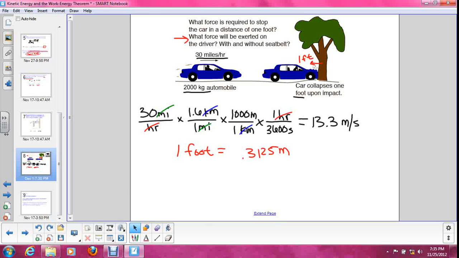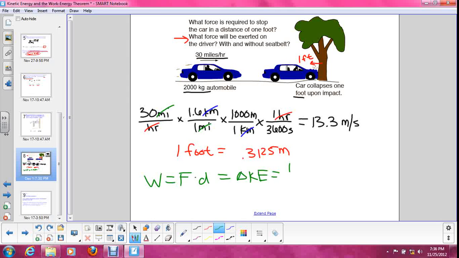Well, in order to figure that out, we should really look at the change in energy of this automobile, right? We know that the work done on an object is the force times the distance traveled by that object, which is also equal to the change in kinetic energy.